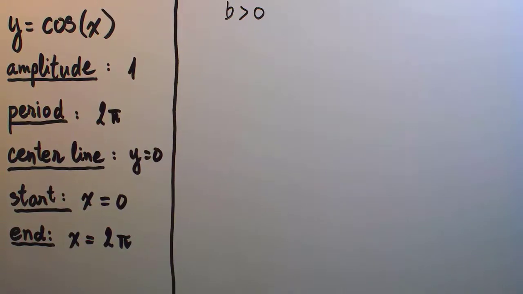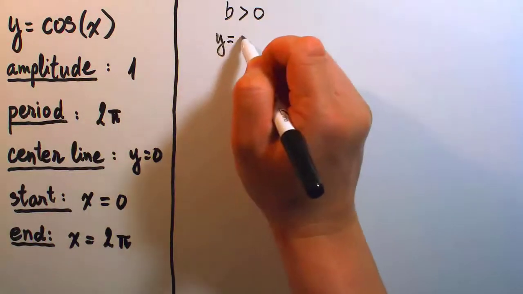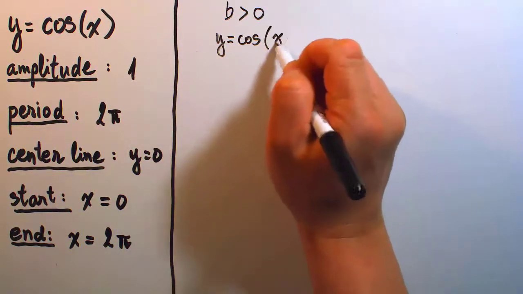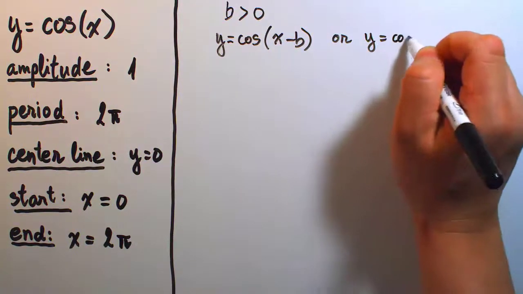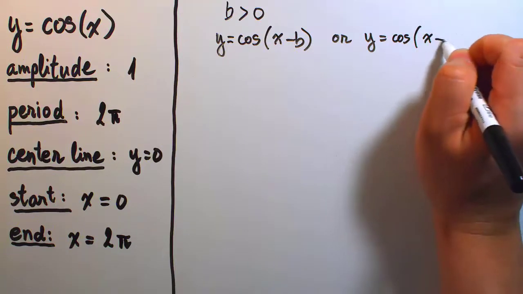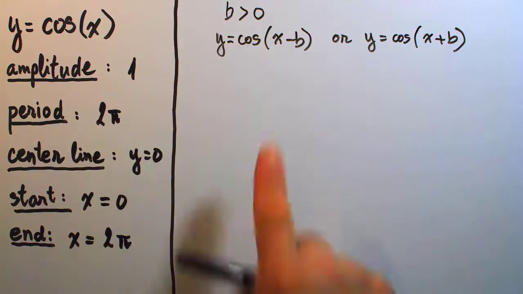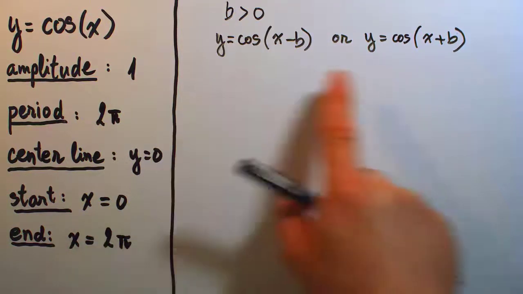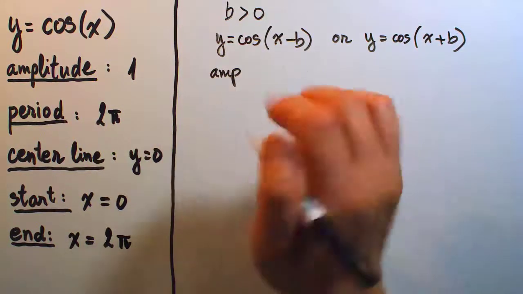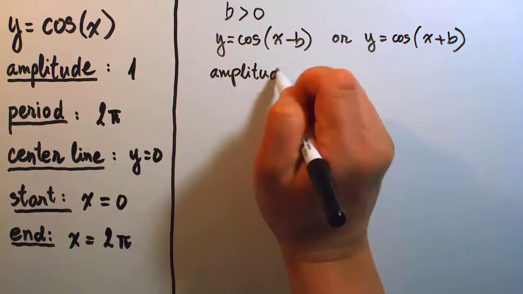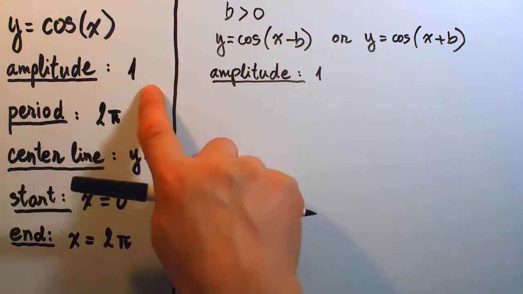And now formulating a generalization on those functions, either y equals cosine of x minus b, or y equals cosine of x plus b. Again, b is a positive value. Then any of these graphs right here, throughout our investigations previously, had amplitude 1, just like our original cosine of x.